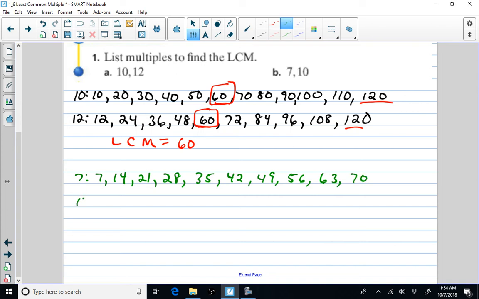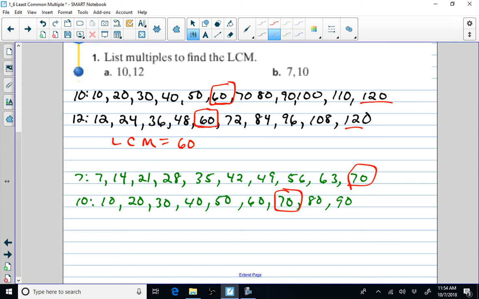Multiples of 10: we have 10, 20, 30, 40, 50, 60, 70, 80, 90. Do we have anything in common yet? It looks like 70. 70 is common to both sets of numbers, so that would be the least common multiple. It's going to be 70.